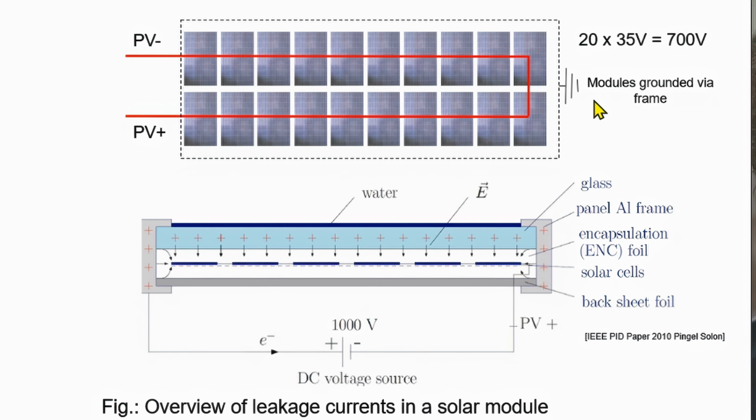And this creates also a reverse electrical field inside the cell, which is reducing the power output. This is also caused by the transport of ions from the glass, driven by that internal electrical field due to the high voltage. They reduce the electrical field of the PN junction and therefore reduce the performance of the PV module.